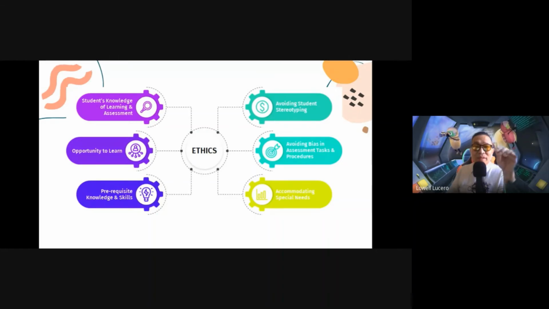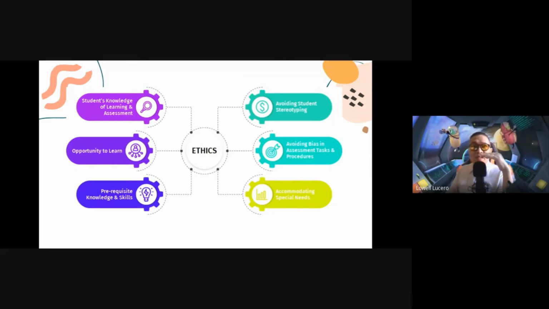So, importante, consider mo student knowledge of learning targets. Meron mang background ang bata doon sa learning targets. If wala siyang background, then mag-suffer yung bata, no? When they take the test. So transparency is defined here as disclosure of information to students about assessment. So importante yung knowledge ng bata about the learning outcome, at the same time yung paano ba sila i-assess.